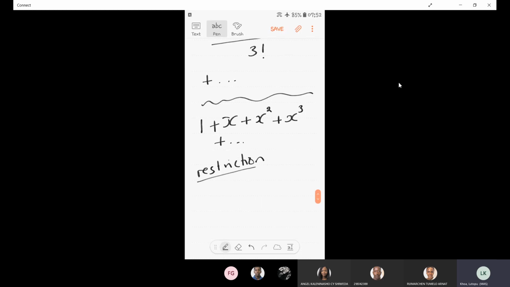So this does have a restriction because my exponent is not a positive integer. So the restriction is always that absolute value of b should be less than the absolute value of a. So I have absolute value of minus x. This should be less than the absolute value of a, which is 1. And this is just absolute value of x is less than 1.